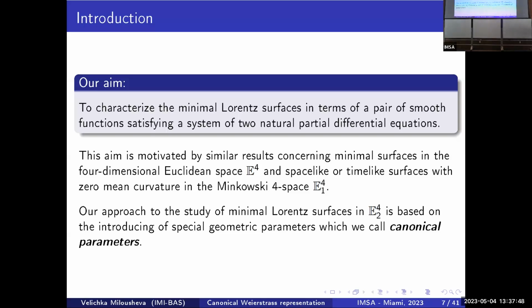And this aim is motivated by similar results concerning minimal surfaces in the four-dimensional Euclidean space E^4, and also space-like and time-like surfaces with zero mean curvature in the Minkowski space E^4_1. So we are going to study minimal Lorentz surfaces in E^4_2, pseudo-Euclidean space with neutral metric, plus, plus, minus, minus. And our study is based on the introduction of special parameters, which we call canonical parameters.